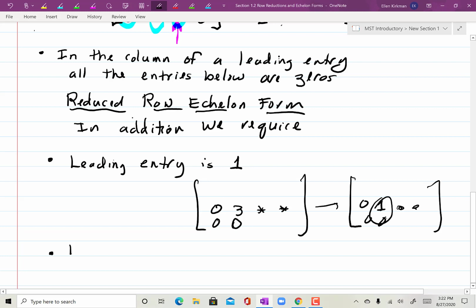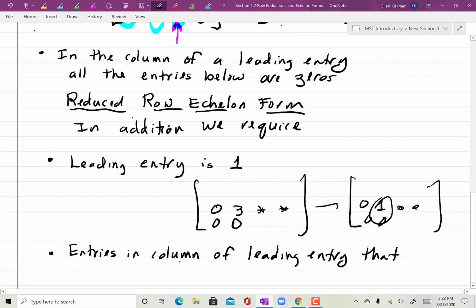So the entries in the column of a leading entry that are above the leading entry, so same column, are 0.